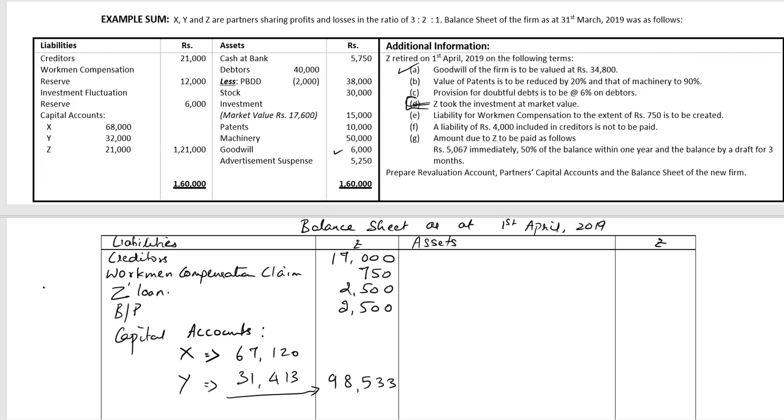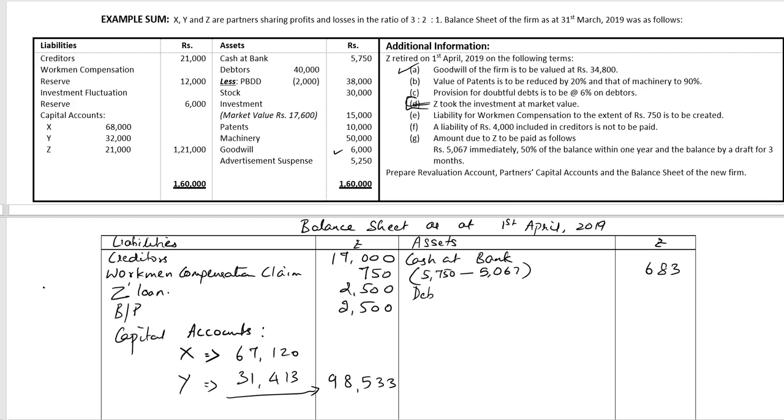Let's continue with the asset side items. Cash at bank. The amount in the balance sheet is 5,750, but we paid partner Z, the retiring partner, as per point G, 5,067 rupees. So the balance cash at bank is 683 rupees.